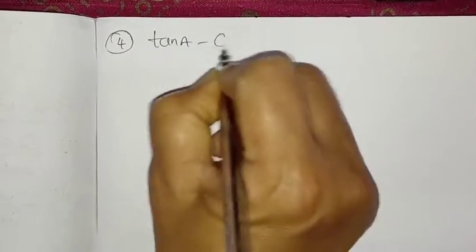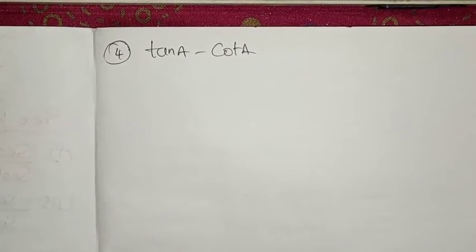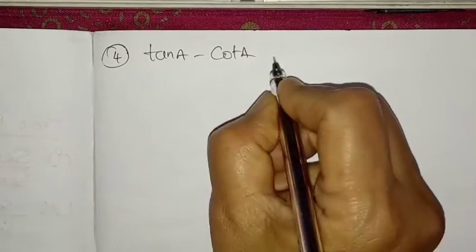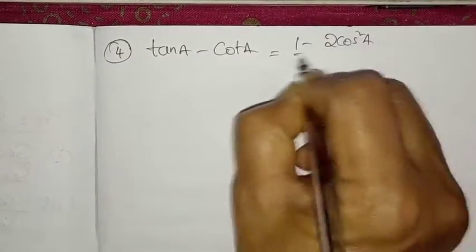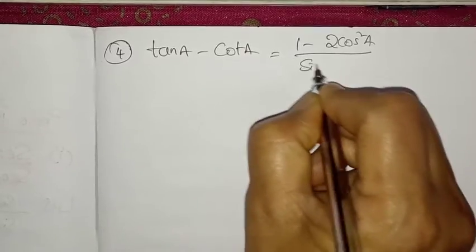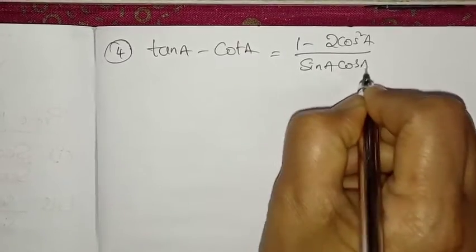Fourth question. Tan A minus cot A is equal to (1 minus 2 cos square A) by (sin A cos A).